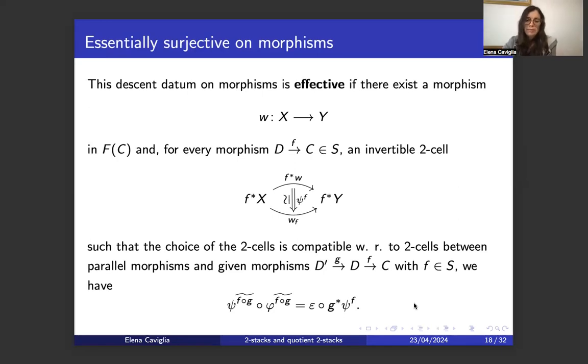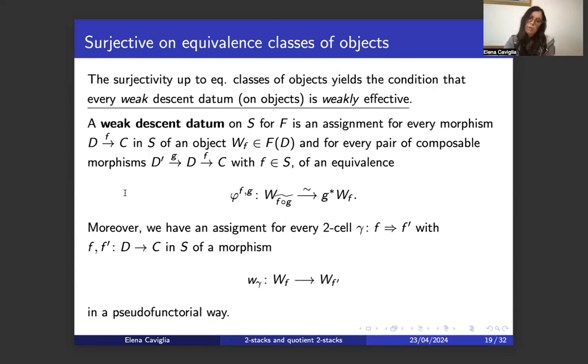Okay, now we can go to the object part, which is the most interesting one. And here we have a condition of surjectivity up to equivalence classes of objects. And this gives the condition that every weak descent datum is weakly effective. I call this condition like this. I have to explain what this means.